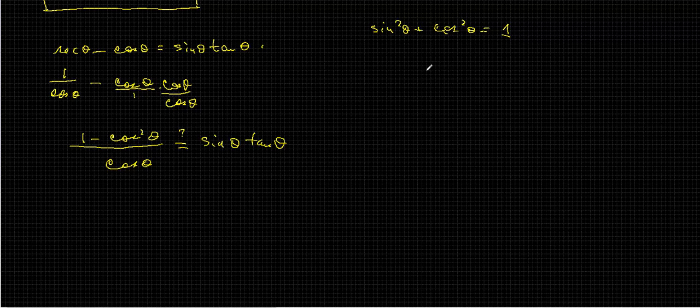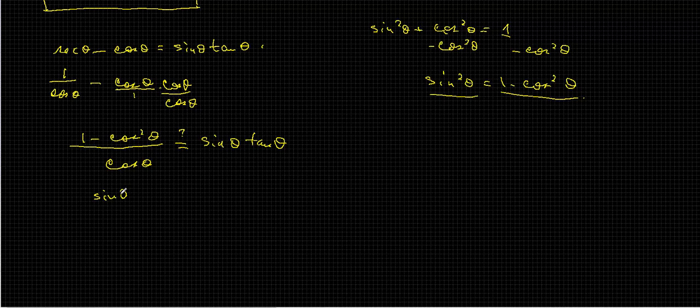And if I subtract cosine squared theta from both sides of the equal sign here, this will give us that the sine squared theta is really 1 minus the cosine squared theta. And then we can replace this with this in this expression. So then this becomes sine squared theta over cosine theta.